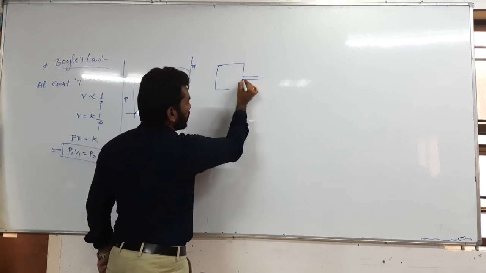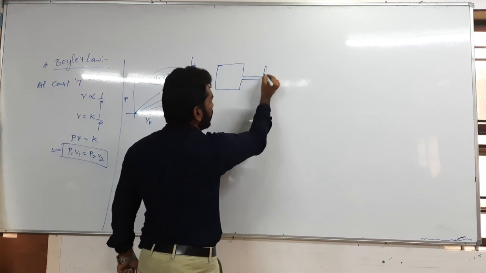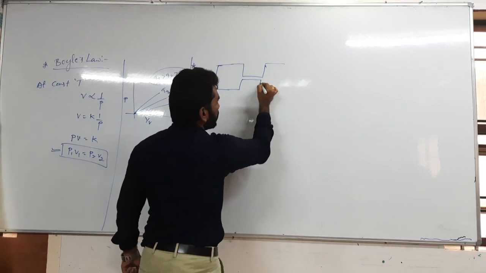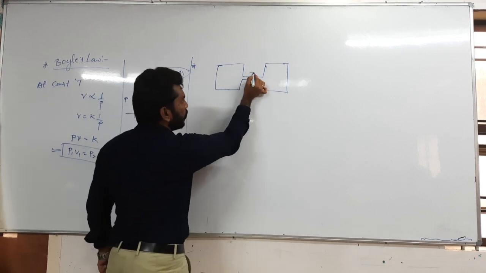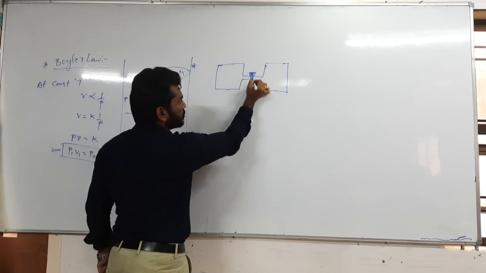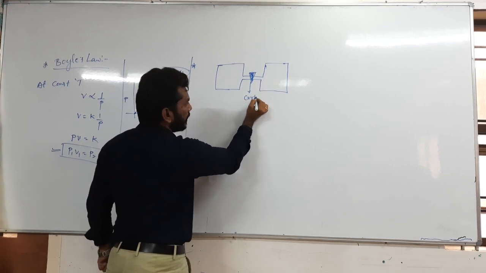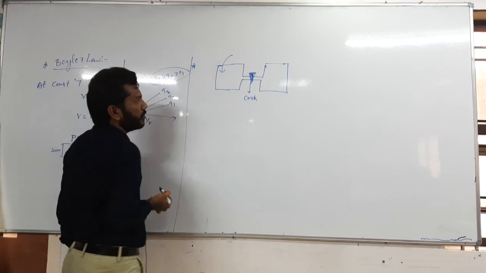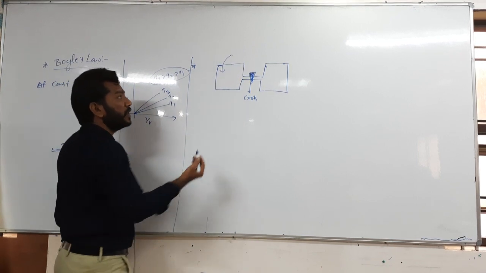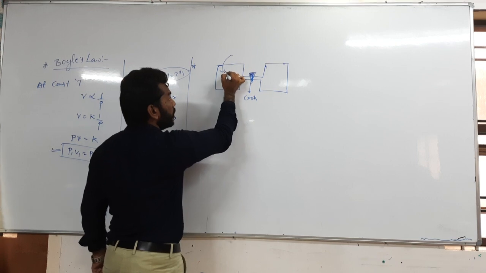These two containers are connected, but closed by one particular cork. Let us consider this to be the cork. This particular container consists of gas molecules, which exert pressure on the atmosphere.